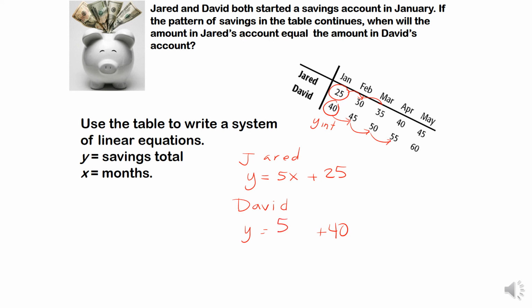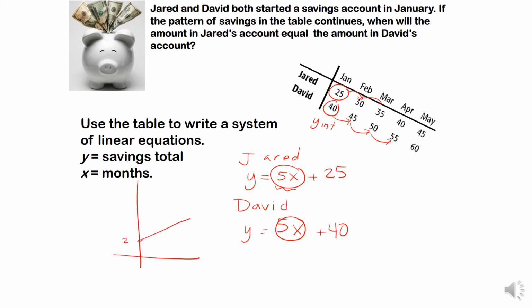So 5x. Now it says, if the pattern of savings in the table continues, when will the amount in Jared's account equal the amount in David's account? The first thing you're going to notice is they have the same slope. They have different y-intercepts. That means that these are parallel lines.